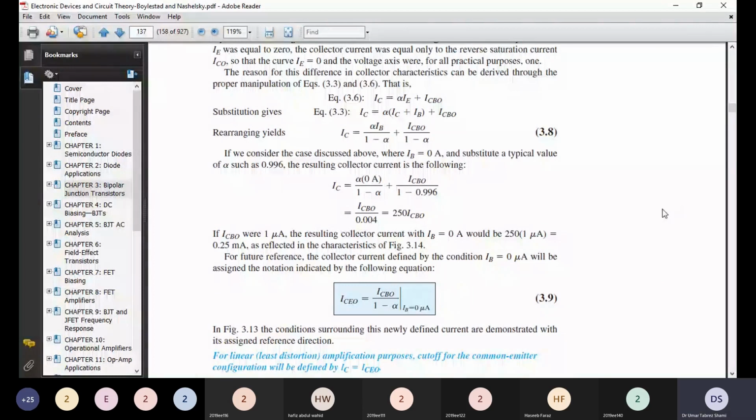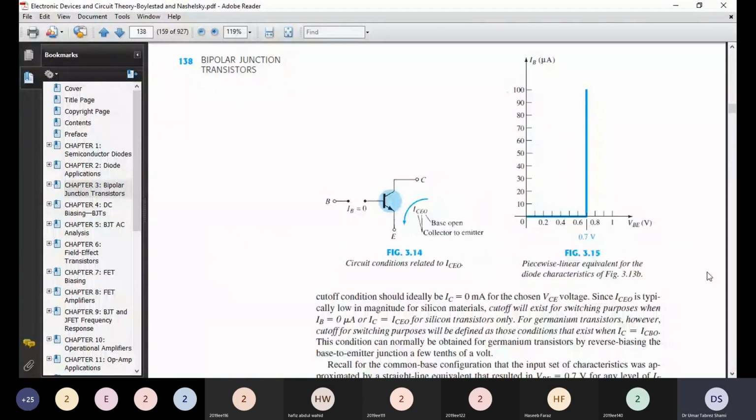And for linear amplification, cutoff for the common emitter configuration will be defined by IC equal to ICE0. ICE0 is the current that flows when the base current is 0. ICE0 is this very small current which flows when the base current is very small.